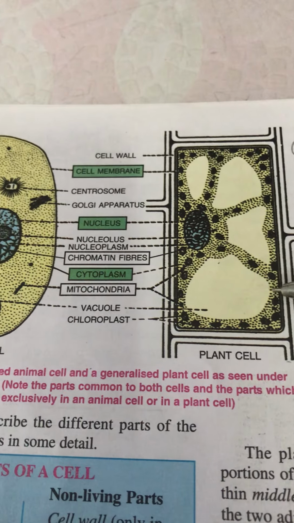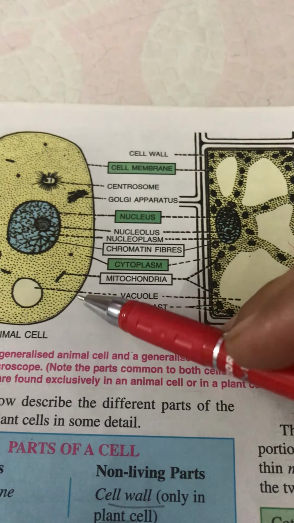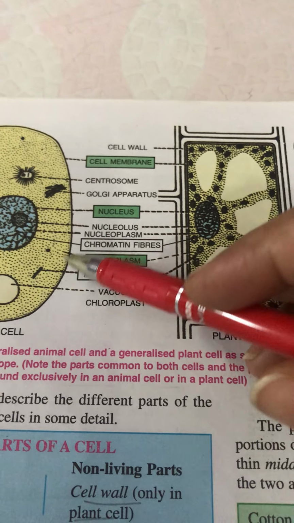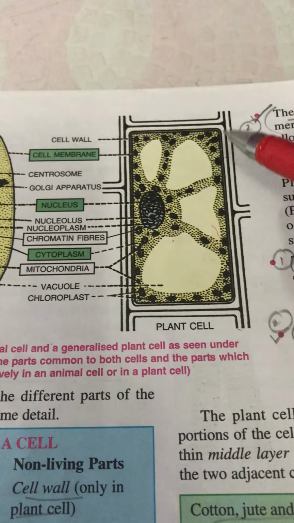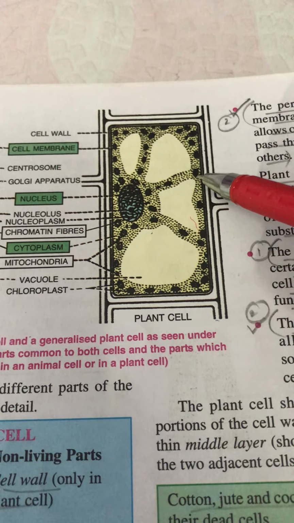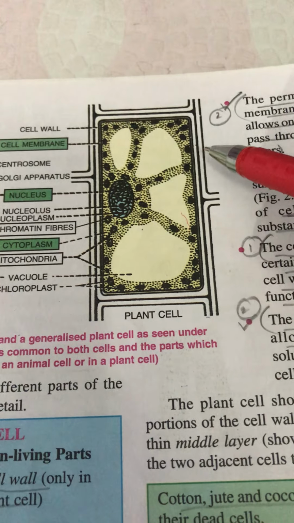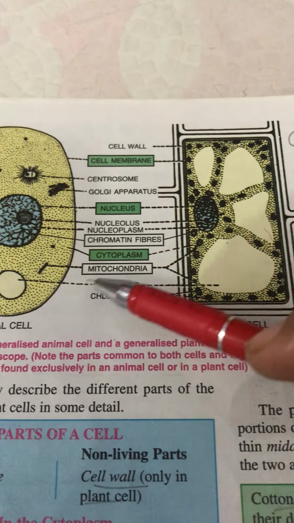Now, if we take a look at an animal and a plant cell, we will find some basic differences. An animal cell has only one limiting layer or surrounding layer called the cell membrane, whereas a plant cell has a cell wall and a cell membrane also. So cell wall is an additional layer present in the plant cell, absent in the animal cell.